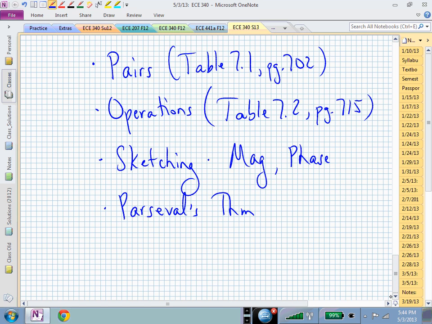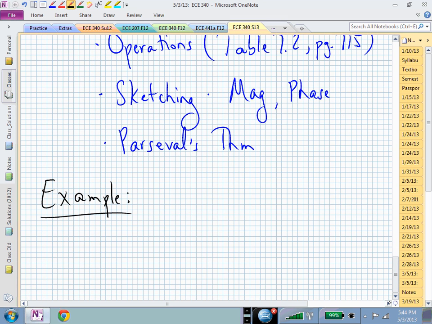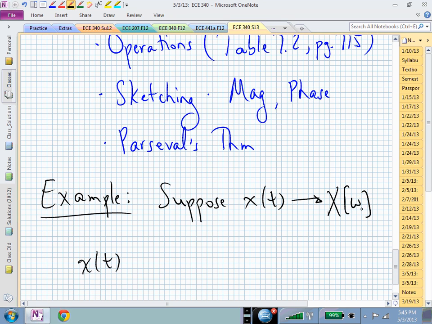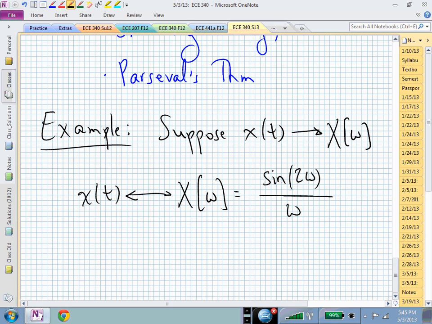Let's look at an example of using these operations in the Fourier transform sense. Suppose that somebody tells you that x of t gives rise to X of omega, and suppose that X of omega is sine of 2 omega over omega.